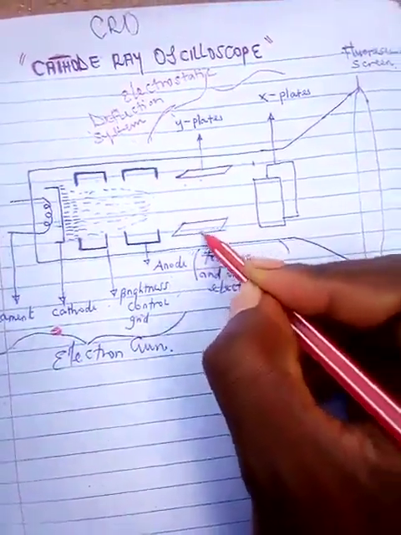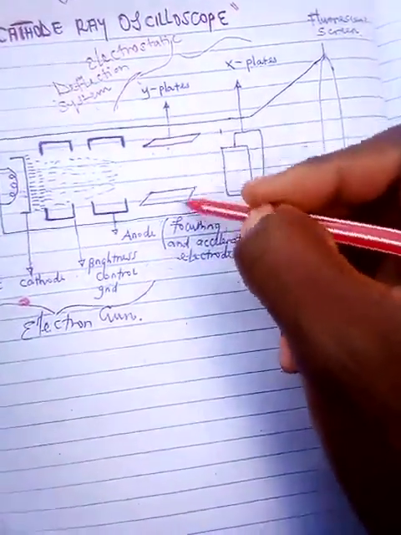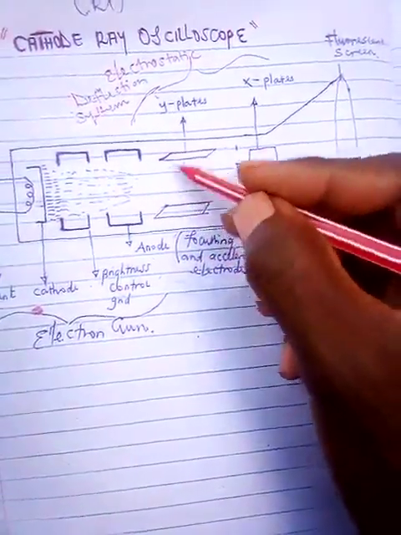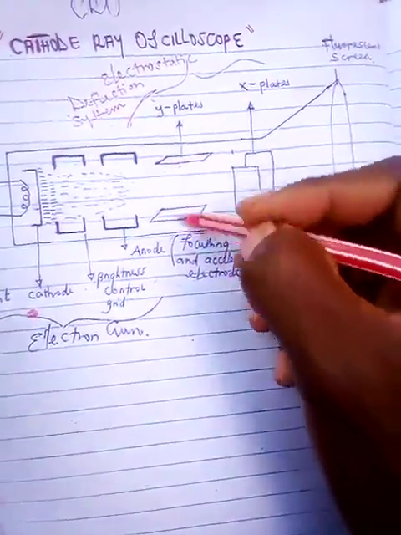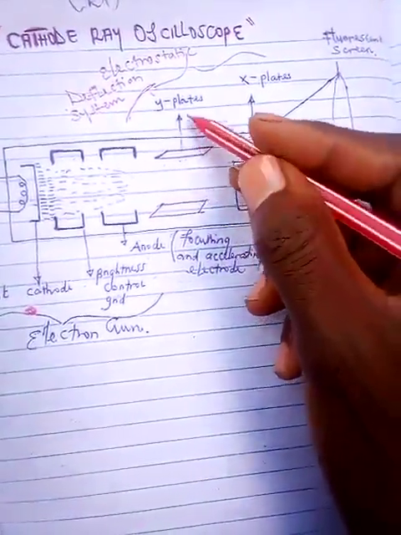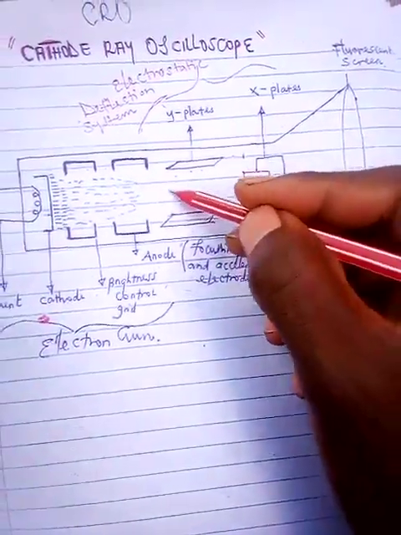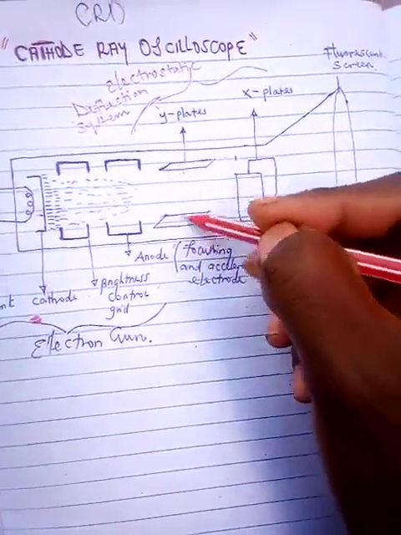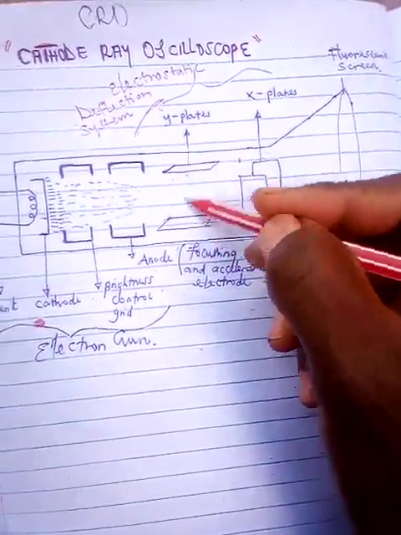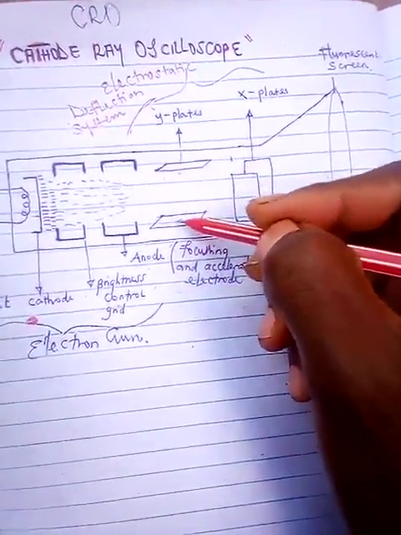They are positioned in such a way that they deflect the cathode rays vertically. There is a certain alternating current which is supplied to these Y plates, causing these electrons to start moving in this vertical way.